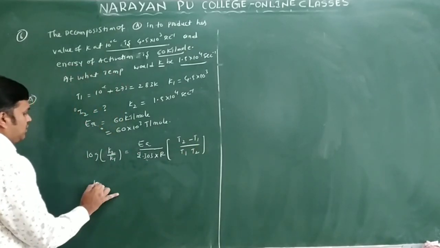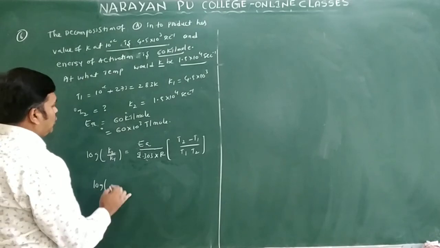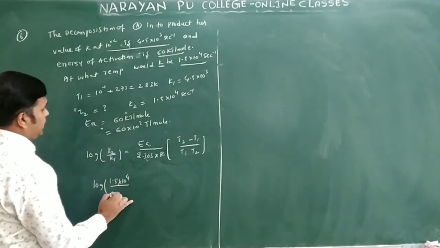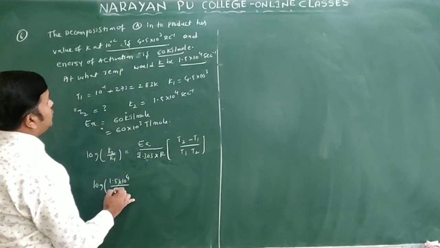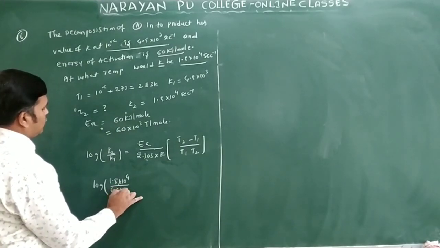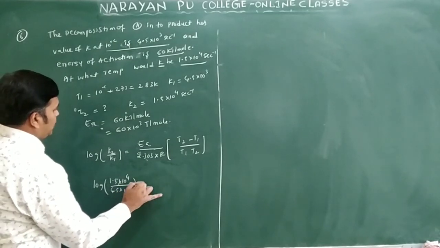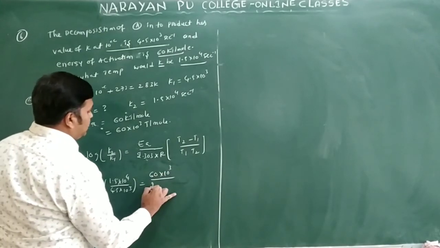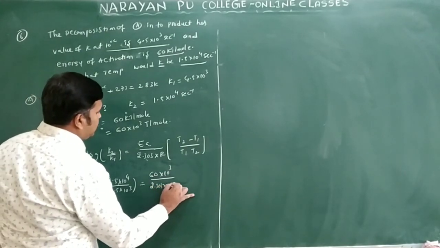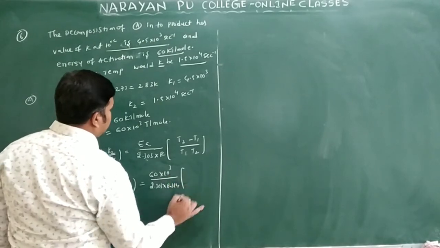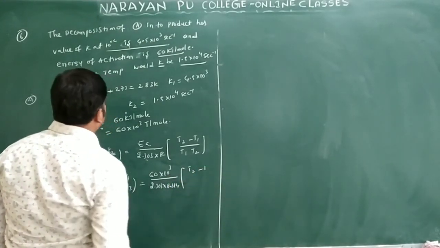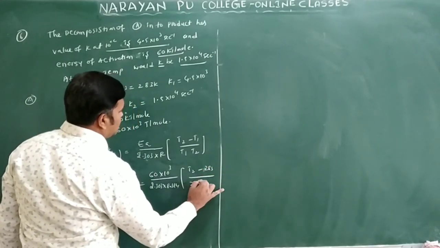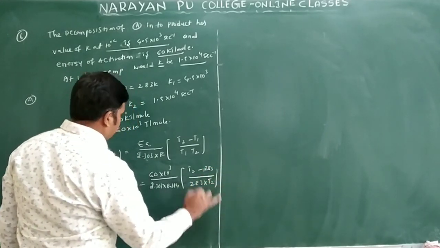Let us substitute the values here. Log K2 value how much? This is 1.5 into 10 power 4 by K1, how much? This is 4.5 into 10 cube. EA value is 60 into 10 cube by 2.303 and 8.314 into T2 we don't know. T2 minus T1 how much? This is T2 minus 283 by 283 into T2.